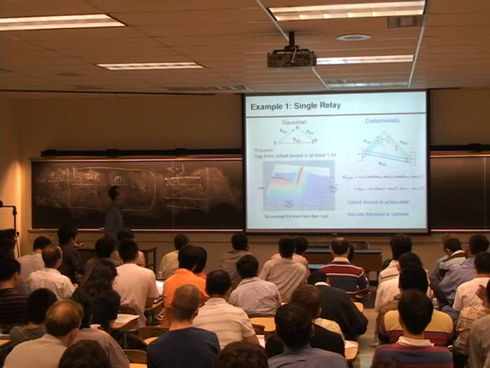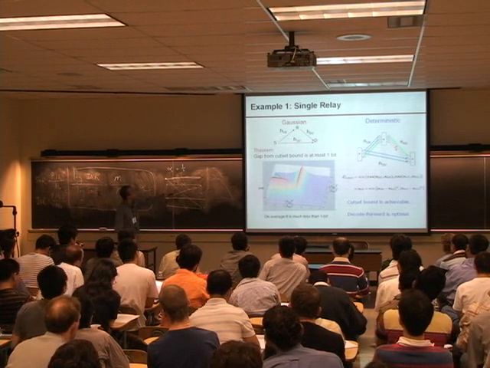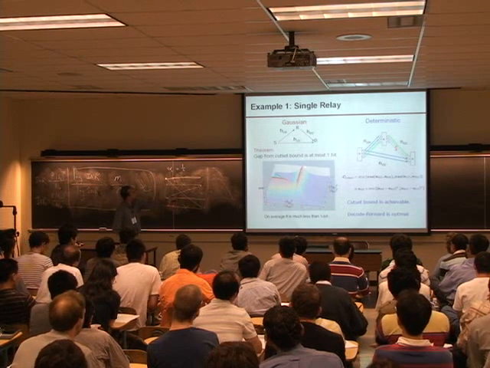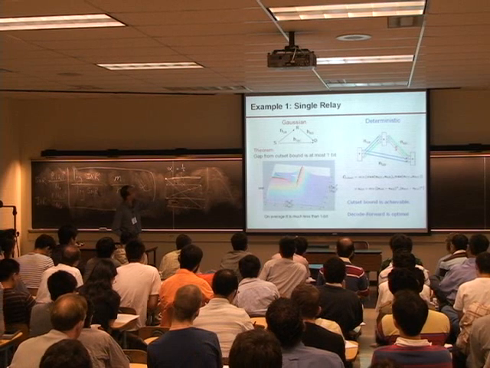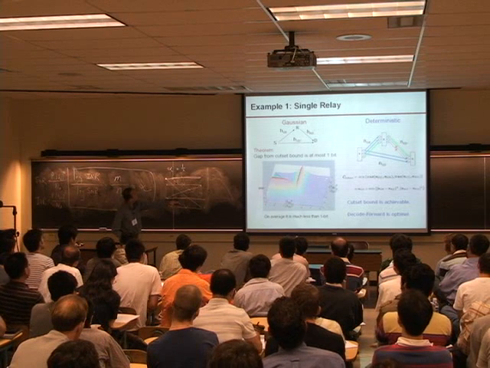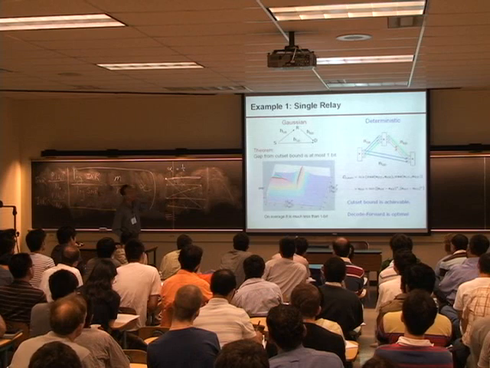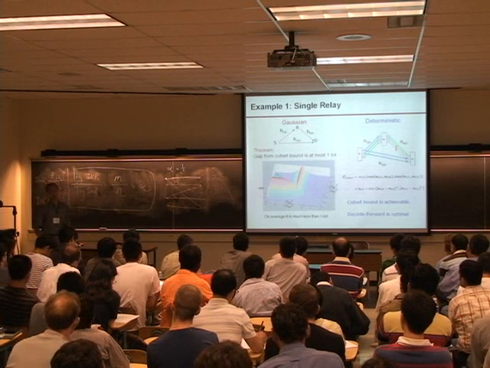And if you plot this gap as a function of the channel gains, you will see this kind of picture. The gap is 1 bit only for a small range of parameters. Most of the time, the gap is much less than 1 bit. So decode-forward is actually a very good strategy on the relay channel.